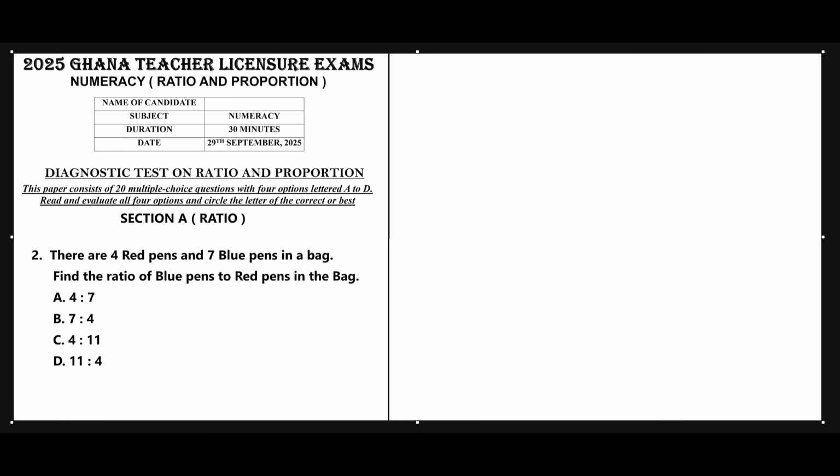Question 2. There are 4 red pens and 7 blue pens in a bag. We have to find the ratio of blue pens to red pens in the bag. Remember, we said ratio enables us to compare 2 or more quantities. This time, we have to find the ratio of blue pens to red pens.